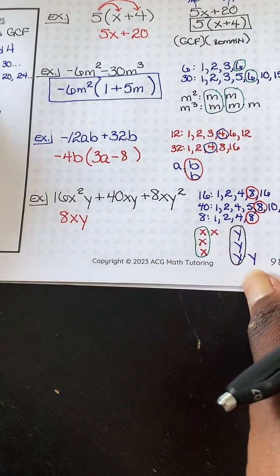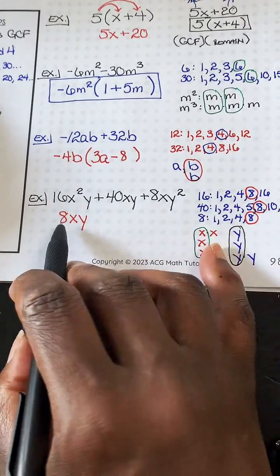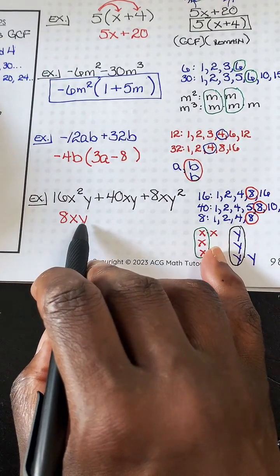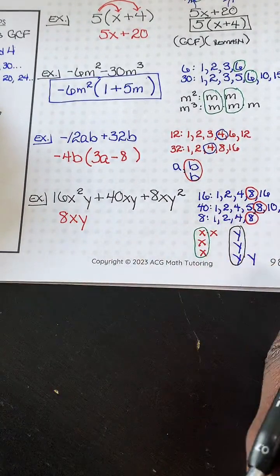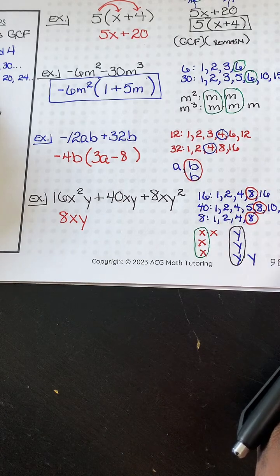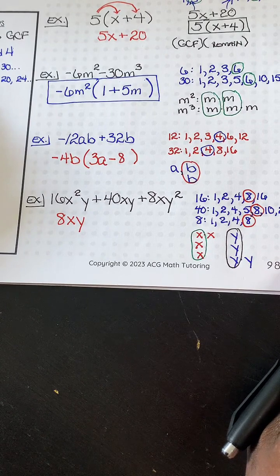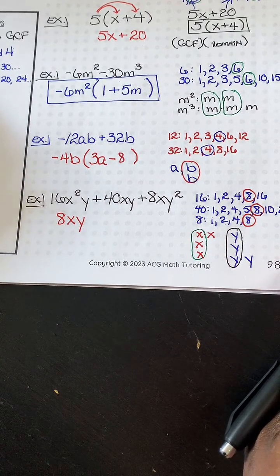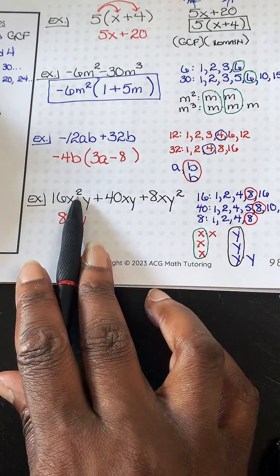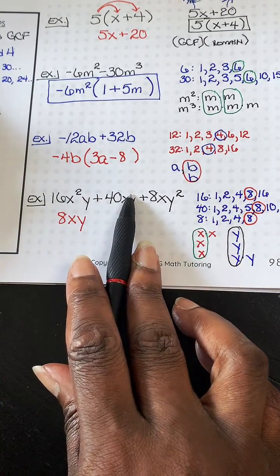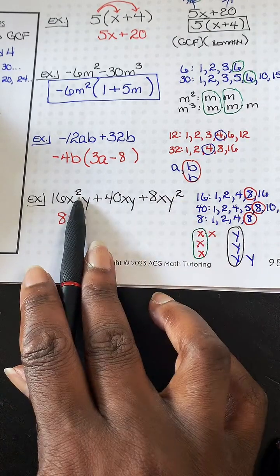So if anyone said that the GCF is 8xy, you're on point. You're all good. It's just going to have 1. Which one is the lowest x? The one with the lowest exponent. So this has a 2.